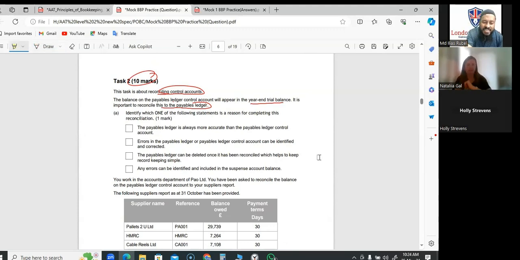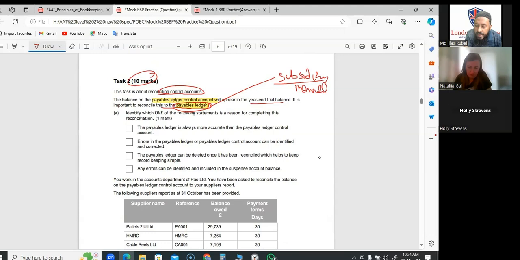Guys, I'd like to highlight two things: payables ledger and payables ledger control account are very important. Many students make this mistake. Payables ledger is your subsidiary. Write it down. Subsidiary or individual. When they say payables ledger or receivables ledger, it's your individual account.